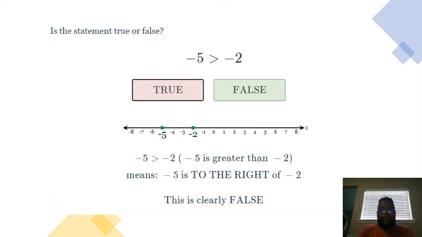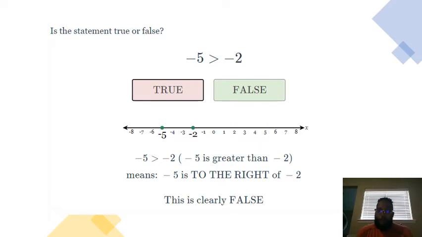So let's take a look at negative 5 is greater than negative 2. Well, if you look at the number line, the negative 5 is to the left of the negative 2, meaning it's less than. All right? The way I like to think about it is like money. Do you think you have more money when you owe $2 or when you owe $5?